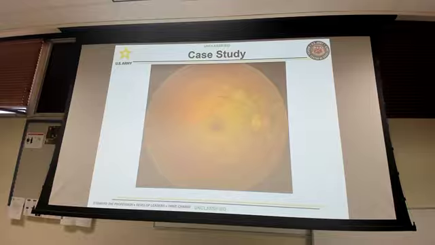This is what that retina looks like. What kind of occlusion? So central retinal artery occlusion.